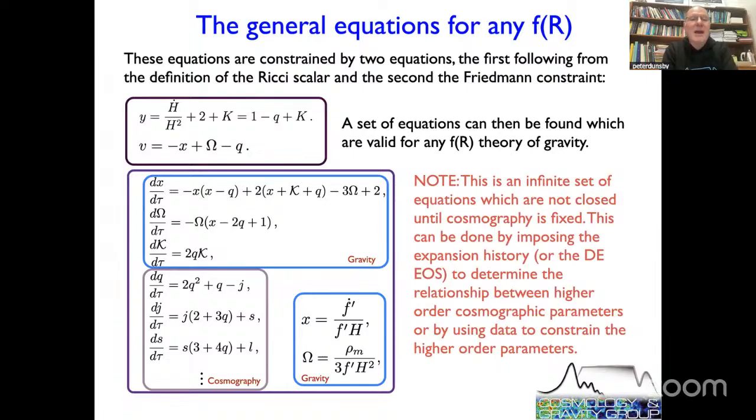And then that will pin down what your cosmographic series is and allow you to close your equations for the cosmography. So I think this presents a rather exciting way forward in that, eventually, hopefully the data will be good enough to be able to do that, where you'll be able to pin down your expansion history using data and then constrain the gravitational sector or the dark sector by looking at the dynamics of these models in general, given the expansion history that you've constructed from data.